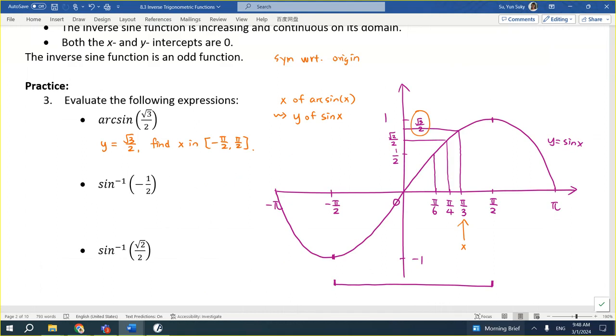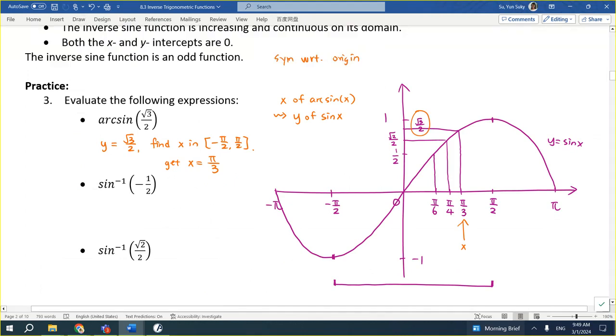And you check, is pi over 3 within this range? Yes. So you set the y value equals root 3 over 2, and then you find the corresponding x in the range. So therefore, we get x is pi over 3. Is that clear, everybody? How we get it? You draw the graph of sine, and then imagine the input of the inverse sine corresponds to the output of the sine, and you get that.